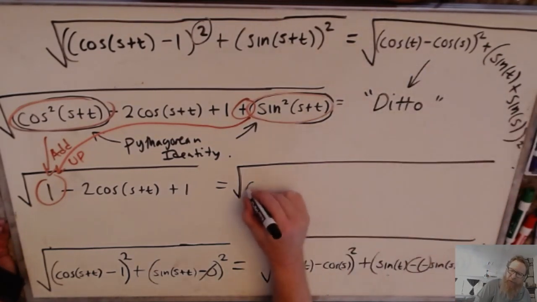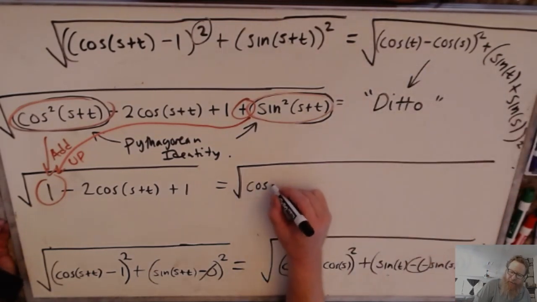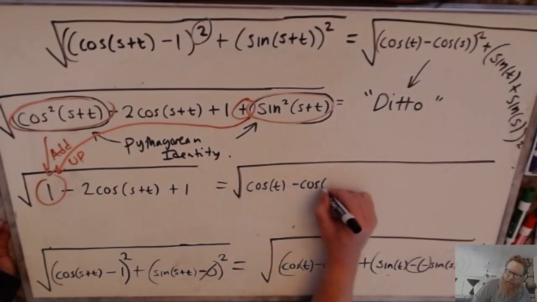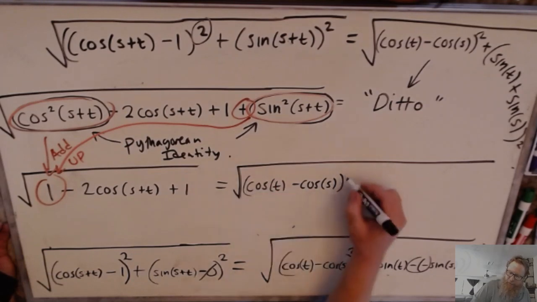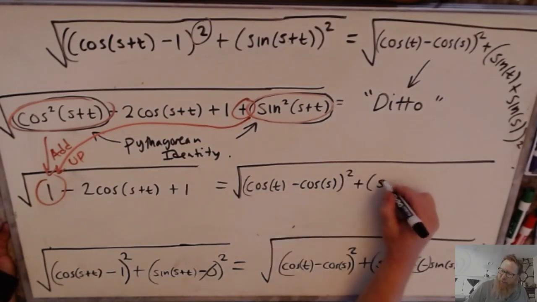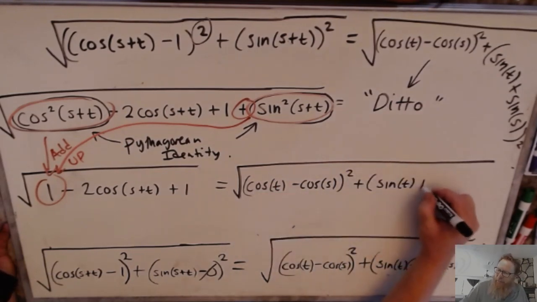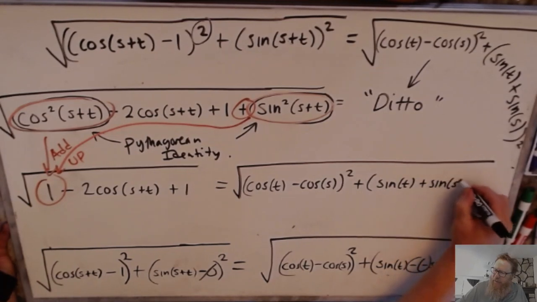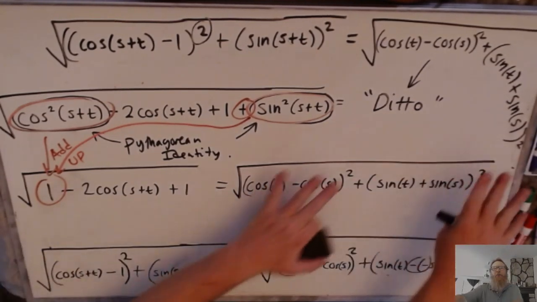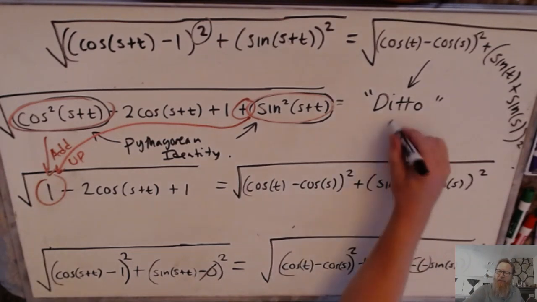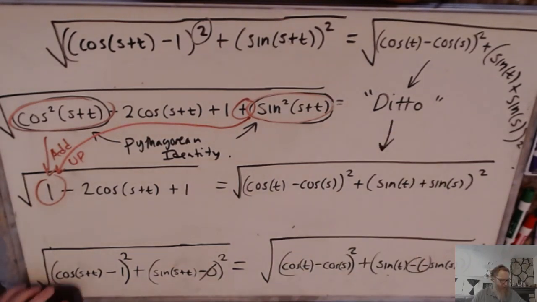So that's going to be cosine t minus cosine s squared plus sine t plus sine s squared. And now the right-hand side is finally easier to read.